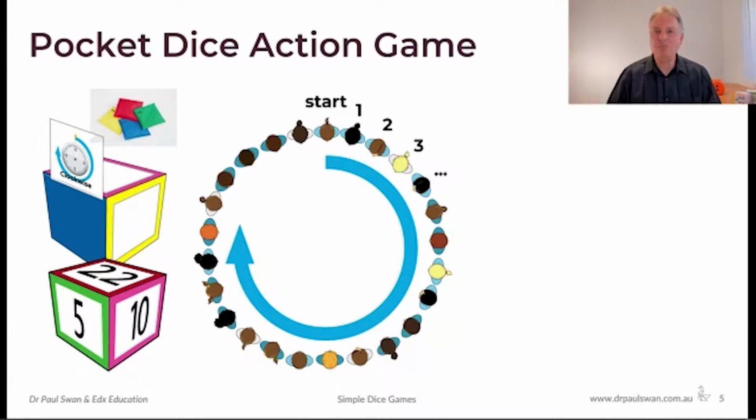And essentially that beanbag gets passed around in a clockwise direction, a certain number of places, and the children have to count. Now, the really interesting part is if the beanbag lands on you, then what you need to do is drop the beanbag and run around the circle in a clockwise direction. Yes, this action, getting kids up and out into the playground or maybe in a big group there.